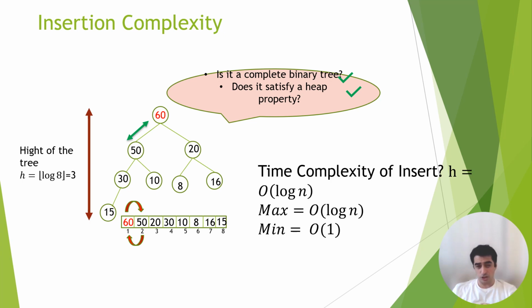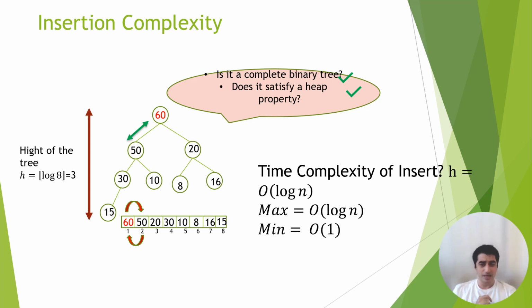So the insert operation takes you log of n, just like min delete or max delete, or extract max, I should say. The extract root or extract max operation also takes you order of height, and height is log n, so it's always logarithmic.